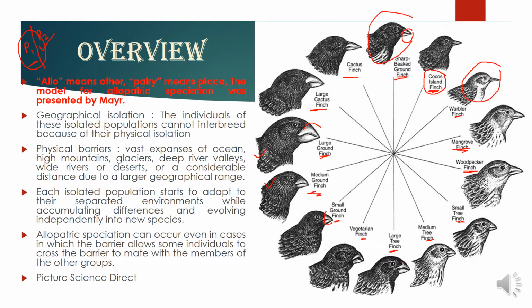But on the other hand, the large cactus finch is a generalist, that is, it feeds both on the cactus as well as other types of vegetation. So it has a much larger beak. So we see that, based on the type of vegetation, we are getting different beak sizes.